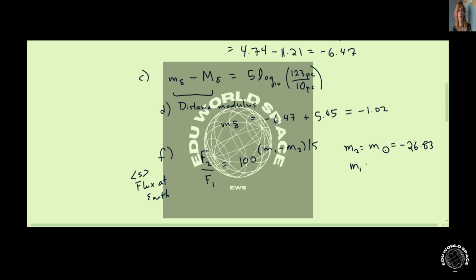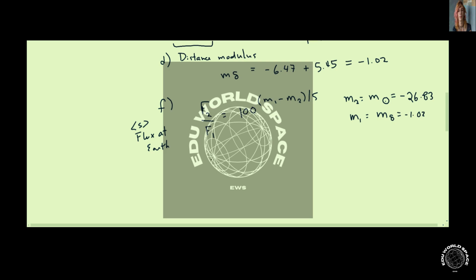And M1 is going to be the apparent magnitude of Delta Scorpii. So the flux from our sun at Earth, so that's important to note, we're really looking at what reaches us.